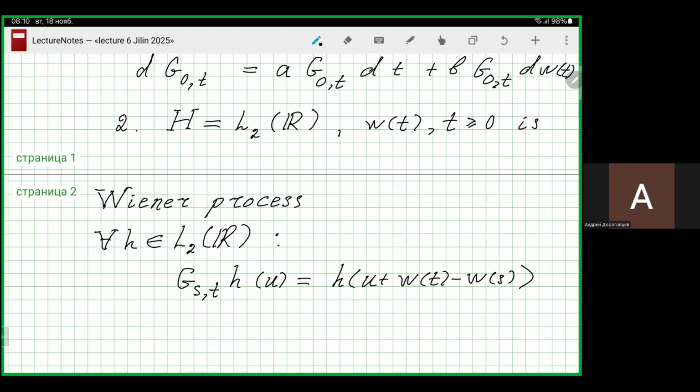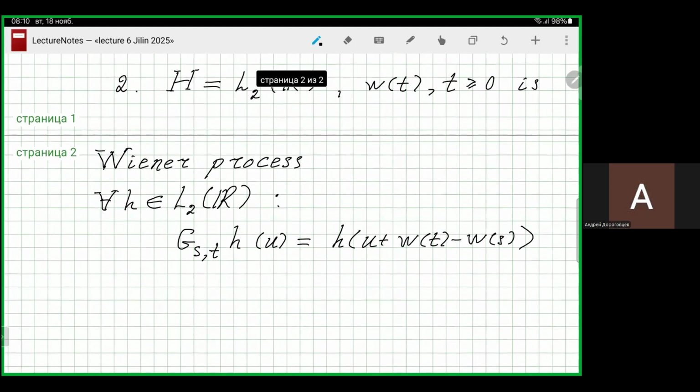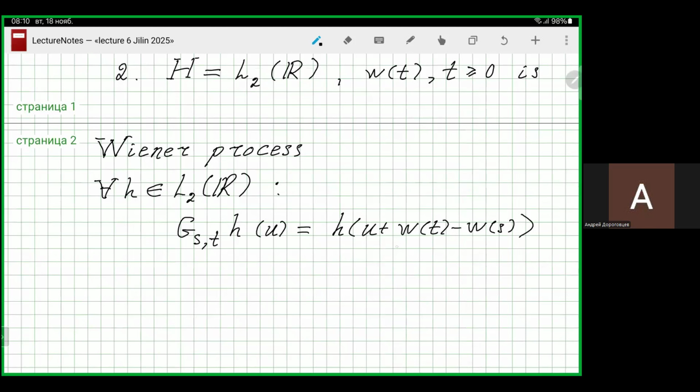So it is a shift of our function by a random number, the increment of the Wiener process. Since Lebesgue measure is shift invariant, it is clear that J_{ST} is a random unitary operator.